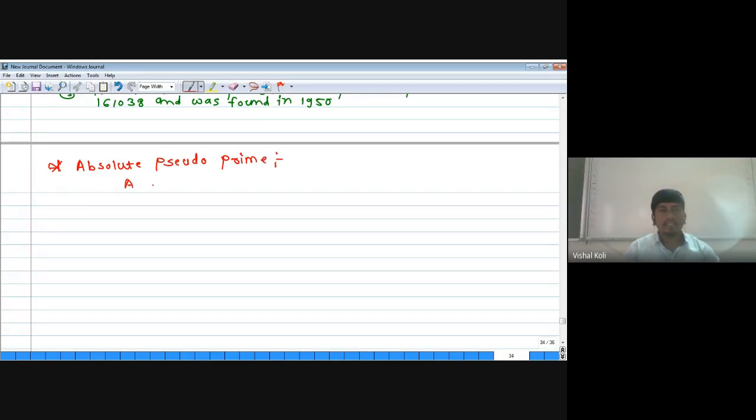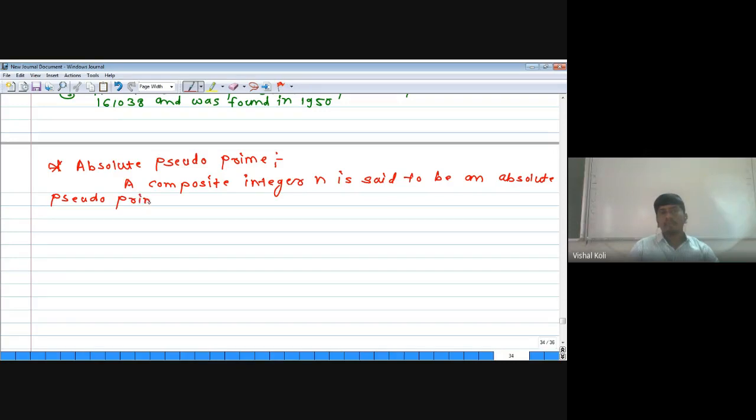A composite integer n is said to be an absolute pseudo prime if a to the power n is congruent to a modulo n for all integers a with GCD of a and n equal to 1.